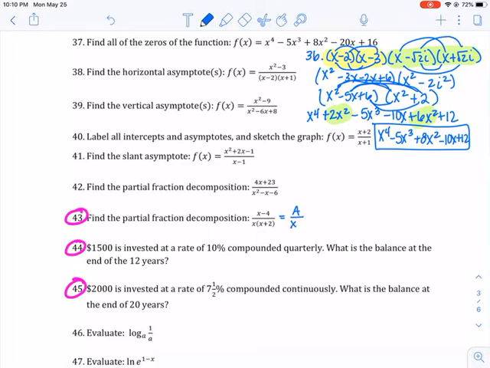We're going to split our denominator into the two factors, the x and the x plus 2, and then plus b over x plus 2. Now what we're trying to do is solve for a and b. To solve for a and b, the first thing we do is clear our fractions and multiply by the least common denominator, which is x and x plus 2.